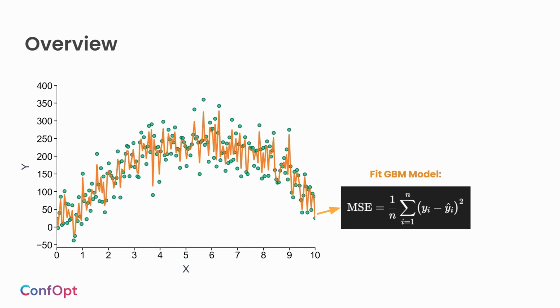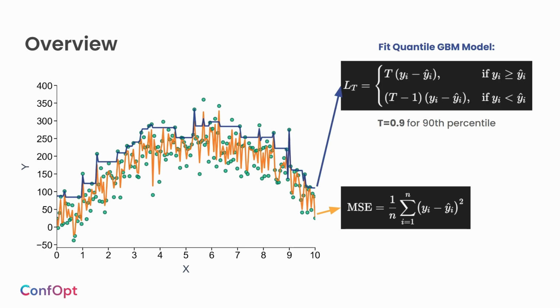Now, quantile regression is similar, and it works on any model, so we can still fit a gradient boosted machine model here, but we change the loss that it uses during training. Instead of mean squared error, we use something called the pinball loss, and that's equivalent to this formula here. I'm not going to spend too much time on it, but it's a simple over-coverage and under-coverage penalty loss.